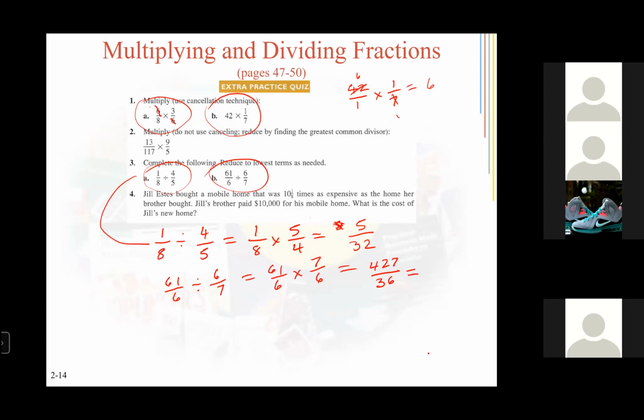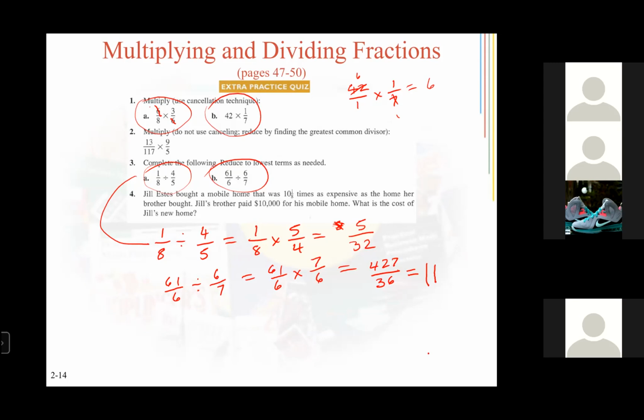So we said 36 goes into 42 once, and that's 1 again, with a remainder.